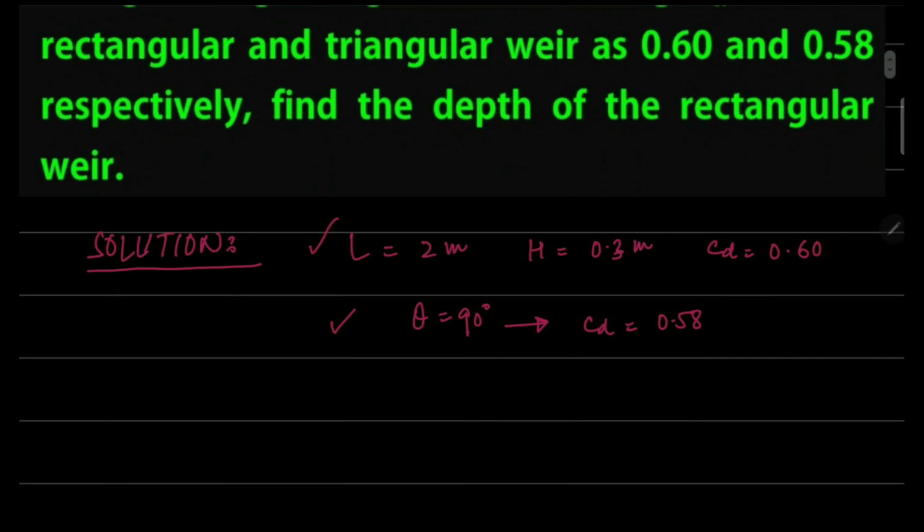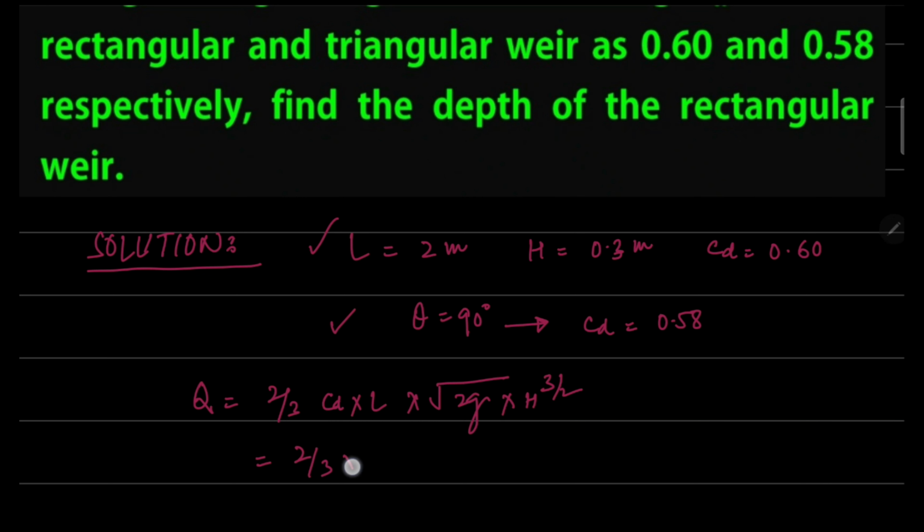So what we are assuming is that the discharge over the rectangular weir is known to us. Based upon this we will figure out the value of Q. So Q is 2 by 3 CD multiplied by L multiplied by under root 2G multiplied by H raised to the power 3 by 2.